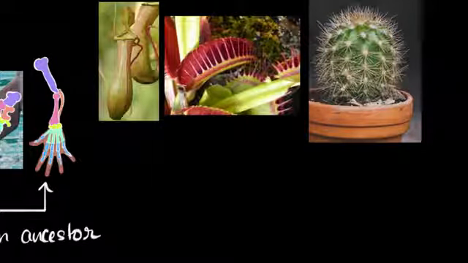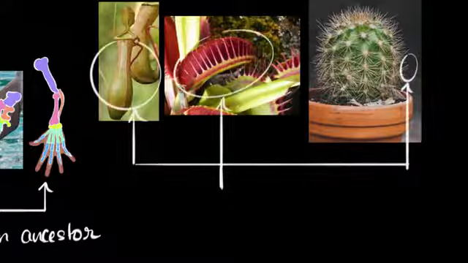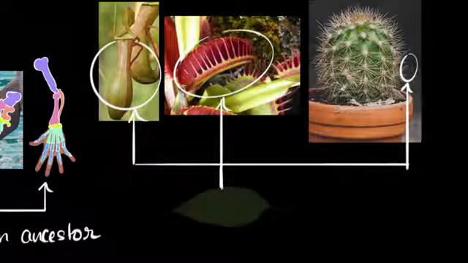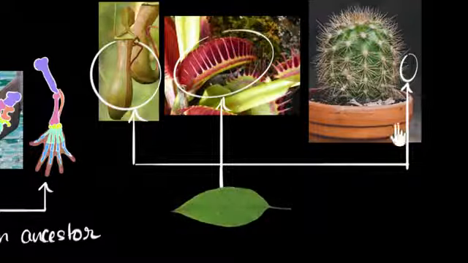Now what's interesting to see over here is that if you do a careful study on these structures, then we can see that the pitcher of the pitcher plant, the mouth of the Venus flytrap, and the spines, they are all actually highly modified leaves.